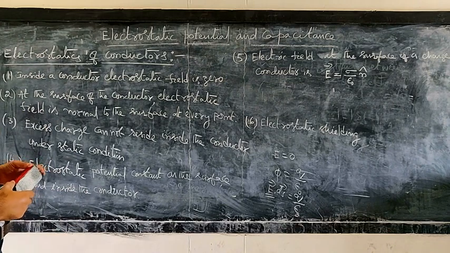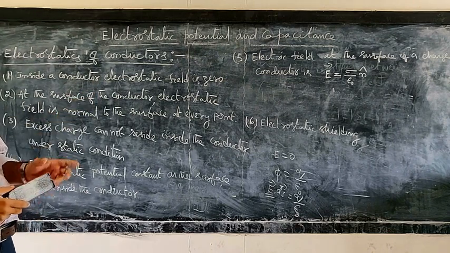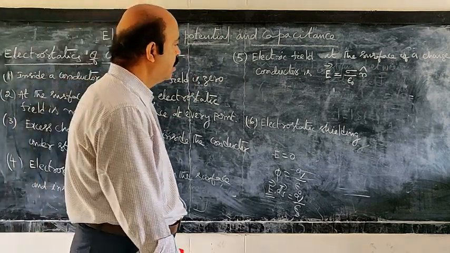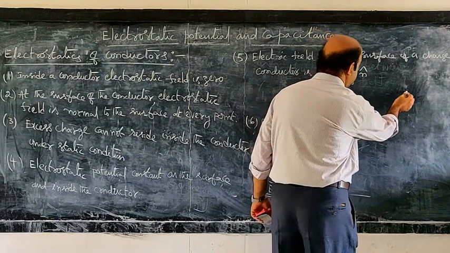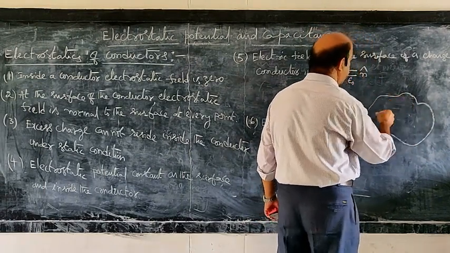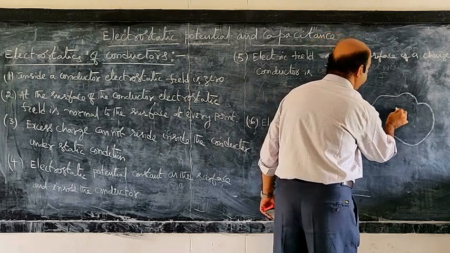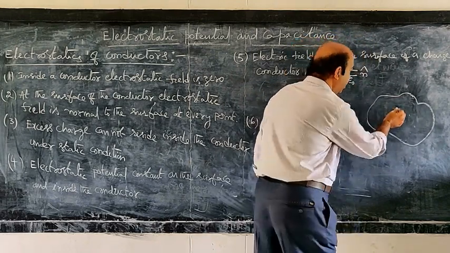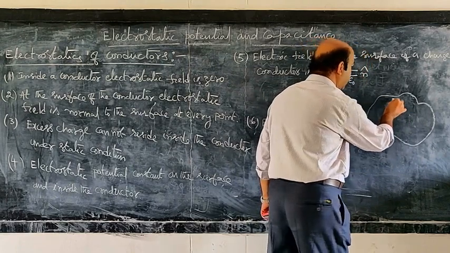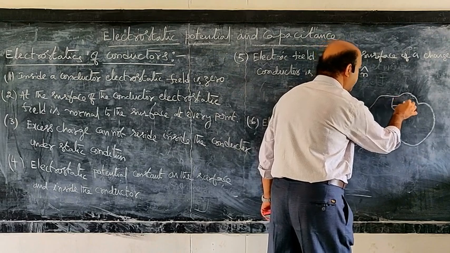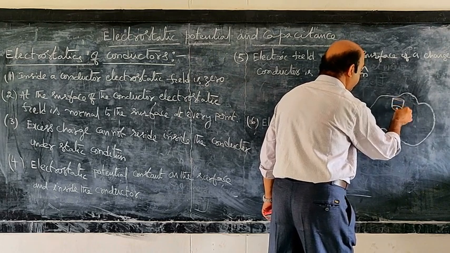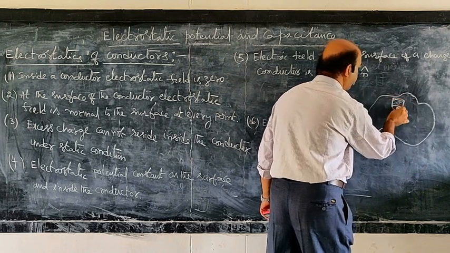Then we will come to the next point, that is, the electric field at the surface of a charged conductor is given by sigma by epsilon naught. This can be derived like this. Consider a charged surface. Select a point P and imagine a small elemental area, and construct a Gaussian surface over this, something like a pillbox.